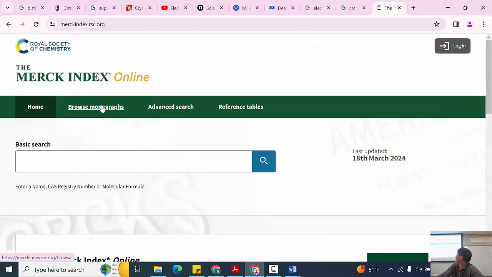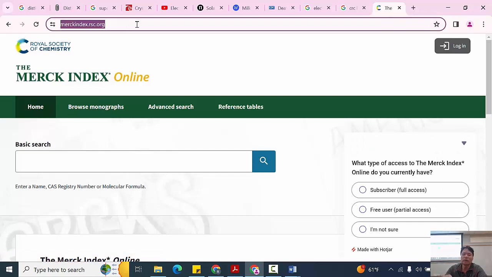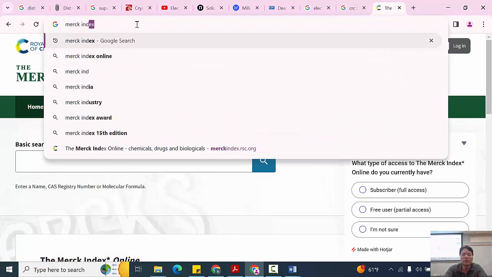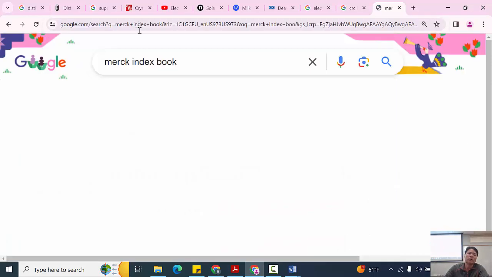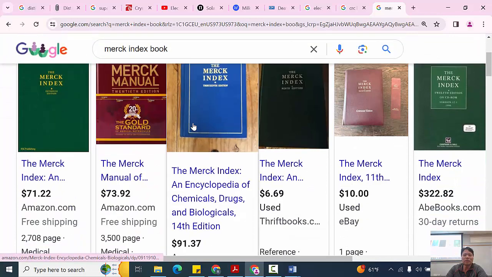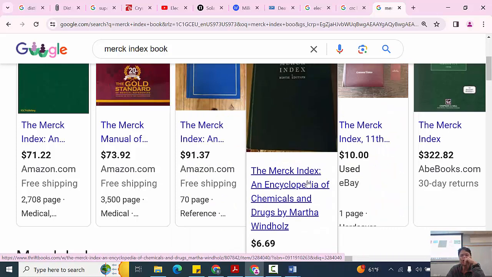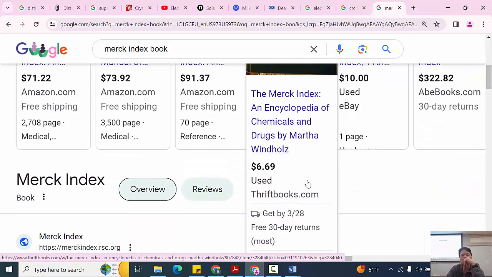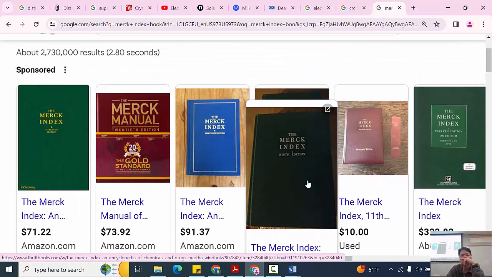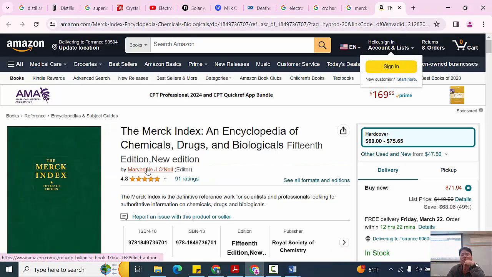The Merck Index is pricey also. You can subscribe to it, but the book is pretty cheap. I don't know what the current edition is. It's updated every year. Wow, you can buy it for $7, but it's old. The 6th edition. 15th edition.